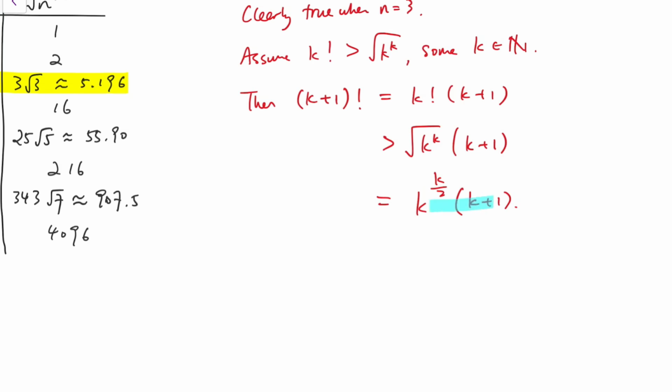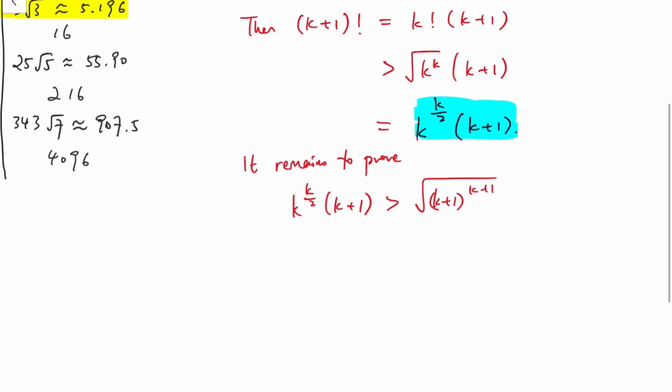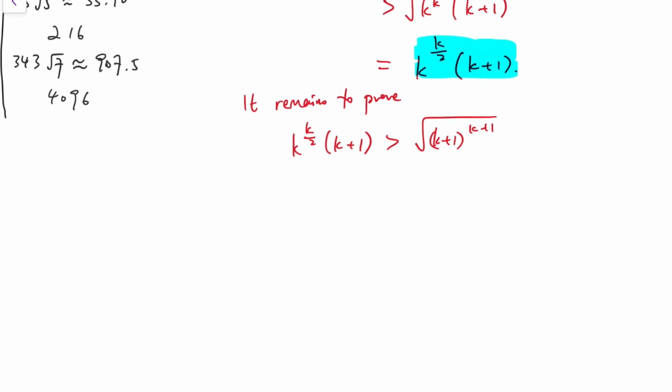And I want to show that this expression in blue is larger than the square root of k plus 1 all to the power k plus 1. We need to show this inequality.